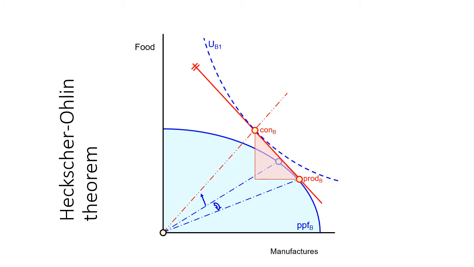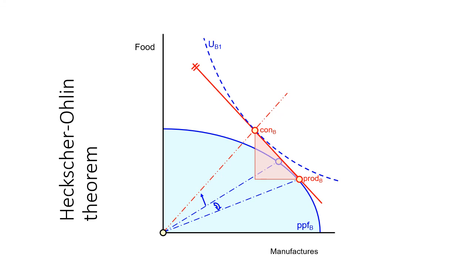Since the ratio of prices under free trade is more than the ratio of prices under autarky for country B, it means that the relative price of manufacturers is more expensive or has risen relative to the price of food. That is, the price of manufacturers has increased relative to the price of food, as a repetition.